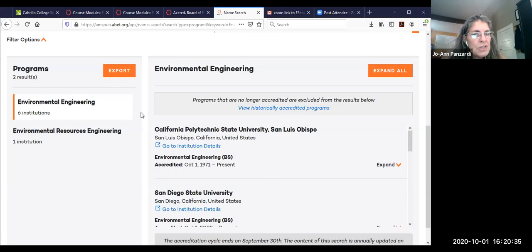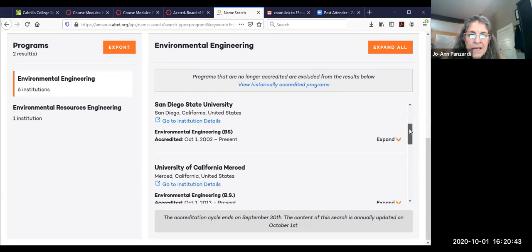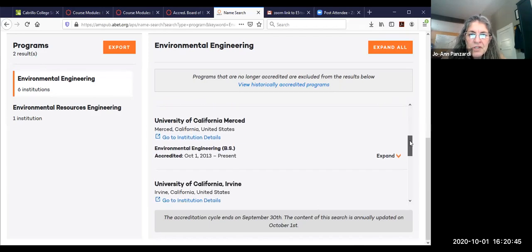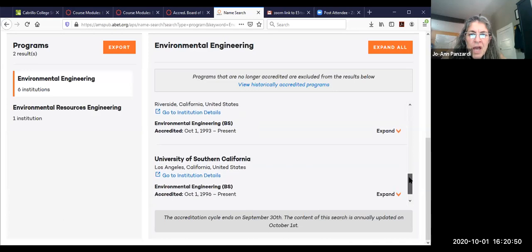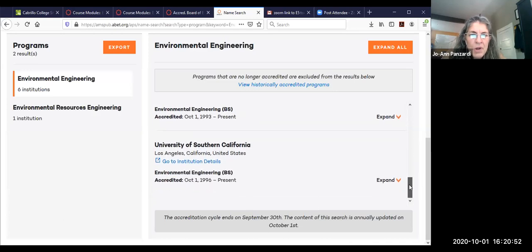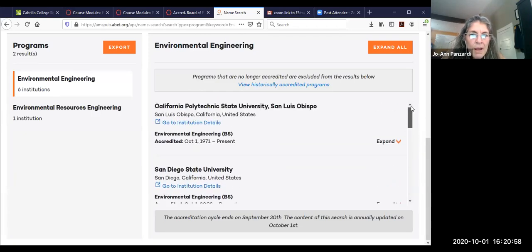So if you're interested in environmental engineering, you see that Cal Poly San Luis Obispo is ABET accredited, San Diego State, UC Merced, UC Irvine, UC Riverside, University of Southern California, okay?